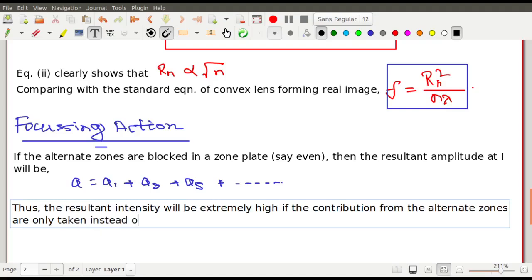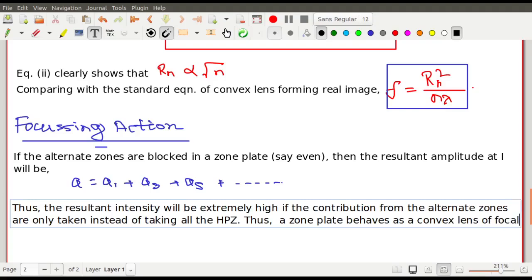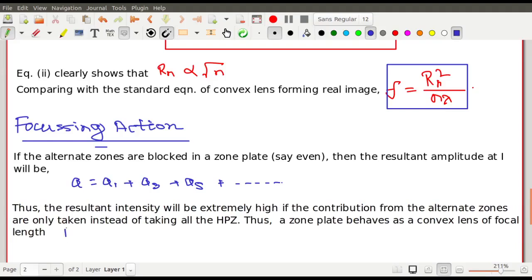instead of taking all the half period zones. Thus a zone plate behaves as a convex lens of focal length, as I have already deduced, Rn square by n lambda, right?